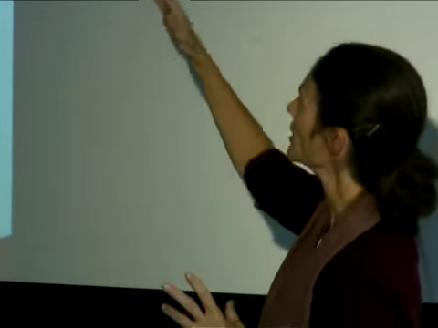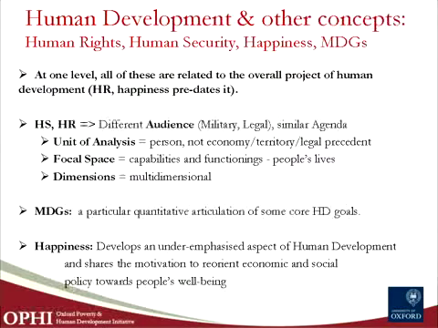And similarly, human rights, human security, happiness, and the MDGs share this similar project of somehow putting human flourishing and fulfillment as the final objective of activities of policy or poverty reduction. The easiest way to think of human security and human rights is that they, in a sense, address a different audience.